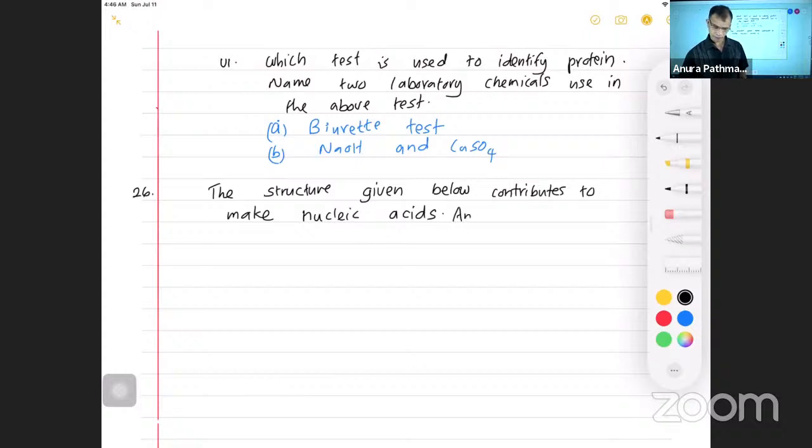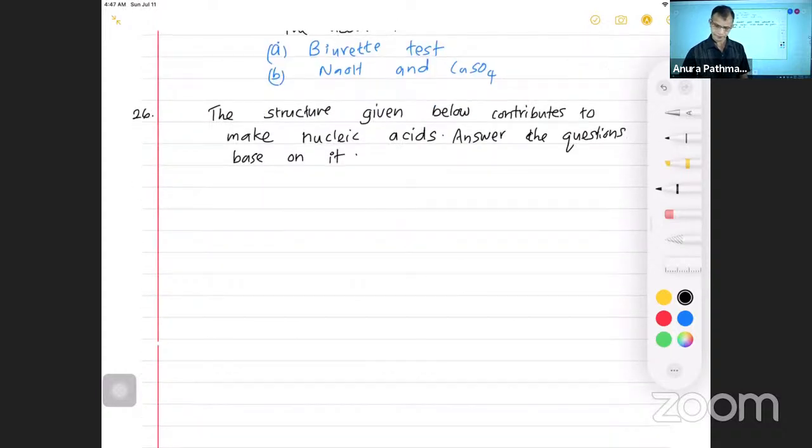Answer the questions based on it. So this is the structure, a funny structure like here.